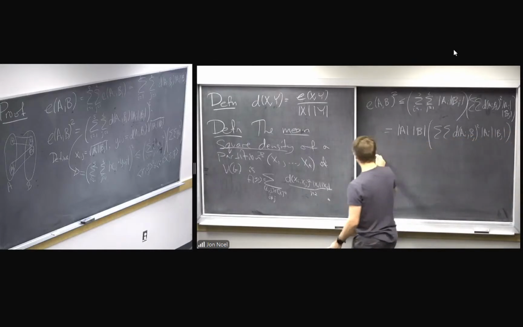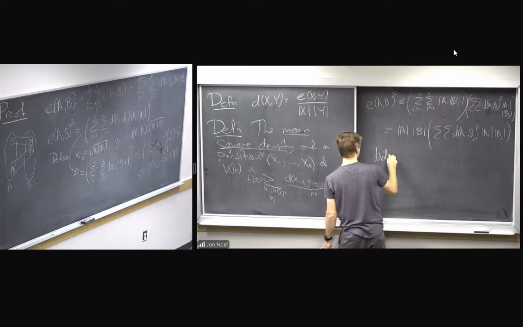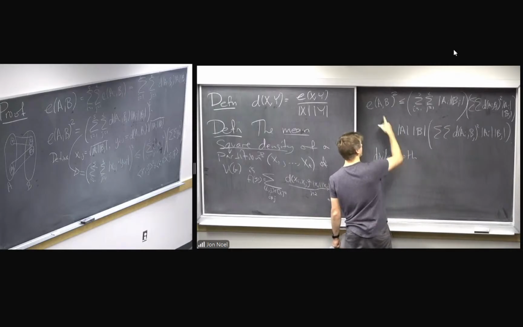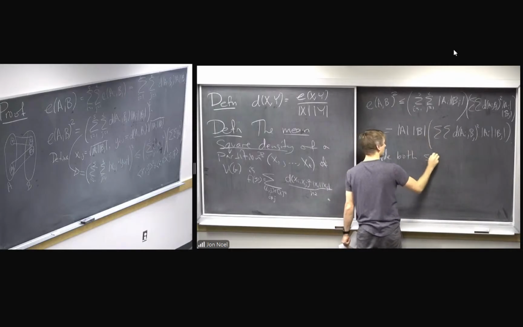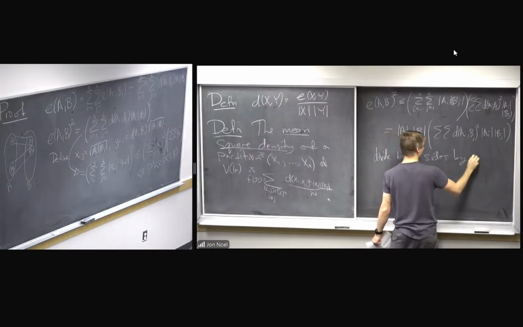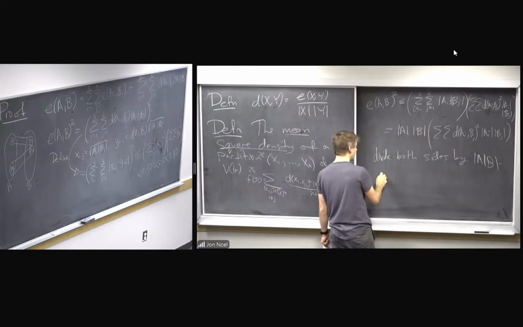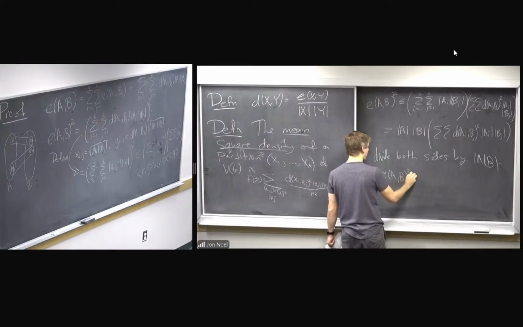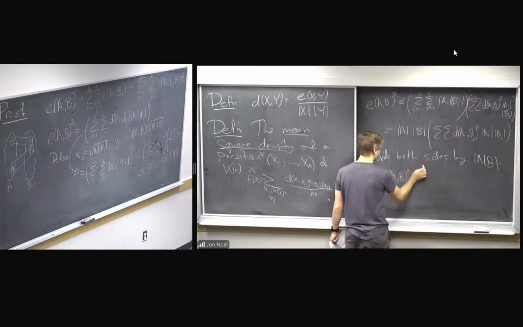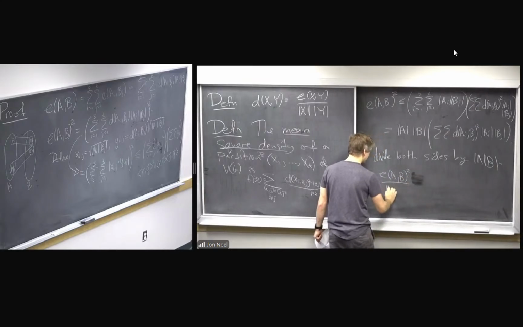If we divide both sides, so I've got this is at most this. So divide both sides by the size of A times the size of B. And if you think about it, what is EAB squared divided by the size of A and the size of B?